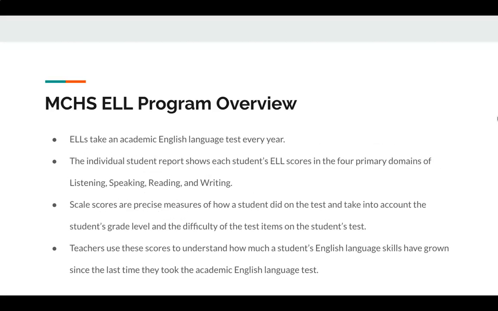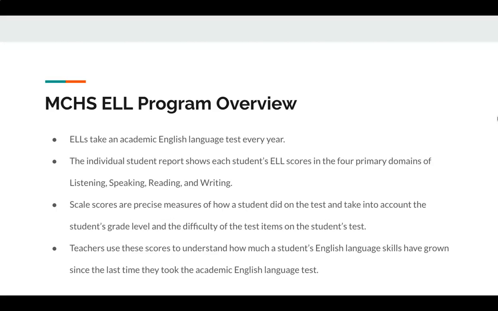Currently, ELLs take an academic English language test every year. The individual student report produced from this test shows each student's ELL scores in the 4 primary domains of listening, speaking, reading, and writing. Scale scores are precise measures of how a student did on the test, and this test takes into account the student's grade level and the difficulty of the items that the student took while completing the test.